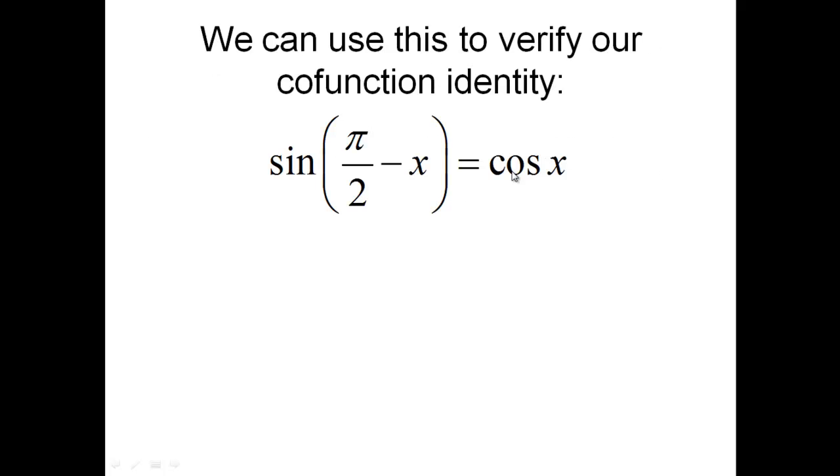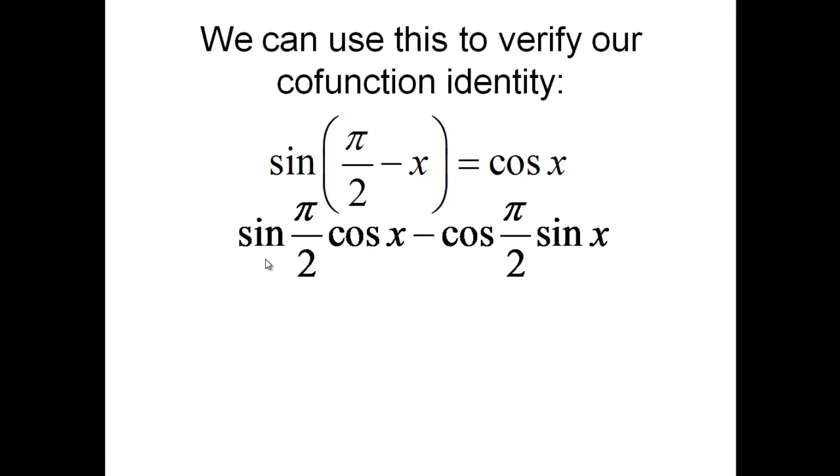So let's actually use this function we just talked about to verify one of our co-function identities that we had on our sheet. If I wanted to verify, besides saying it's an identity, that the sine of the quantity pi over 2 minus x equals cosine x, we can use one of our formulas. That is, the difference formula for sine. We can see that we can separate this as our two angles. This is my alpha, my beta, or u and v.